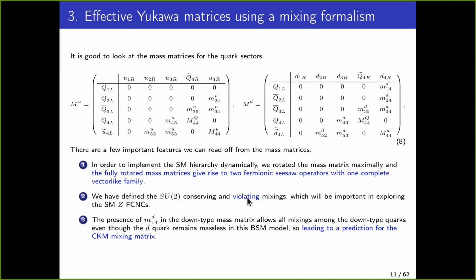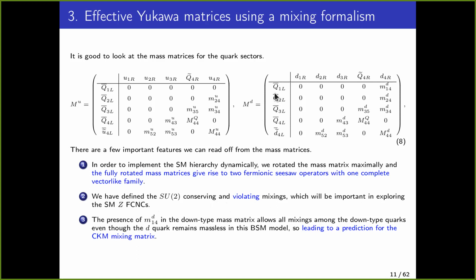In order to implement this standard model hierarchy dynamically, we rotated the mass matrix maximally, and the fully rotated mass matrix gives rise to two fermion seesaw operators, as I told you, with one complete vector-like family. We have defined the SU(2) conserving and violating mixings, which will be important in exploring the standard model flavor anomalies.